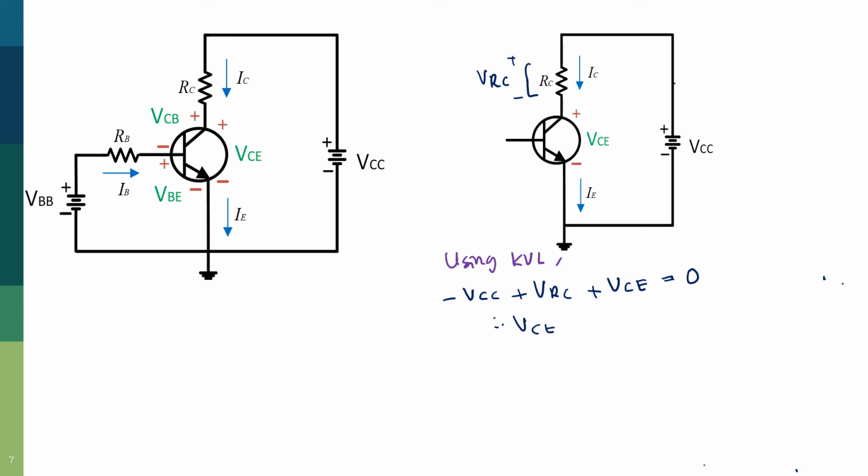Thus VCE equals VCC minus VRC. Let this be equation number 3.